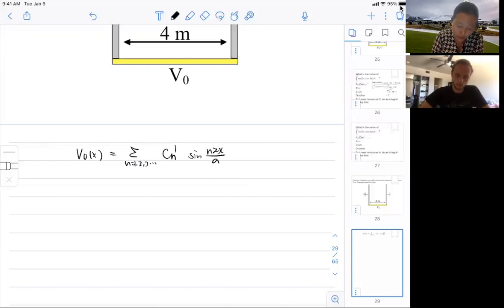We're going to multiply both sides by sine of n prime pi x over a. And next step, integrate it from 0 to a.